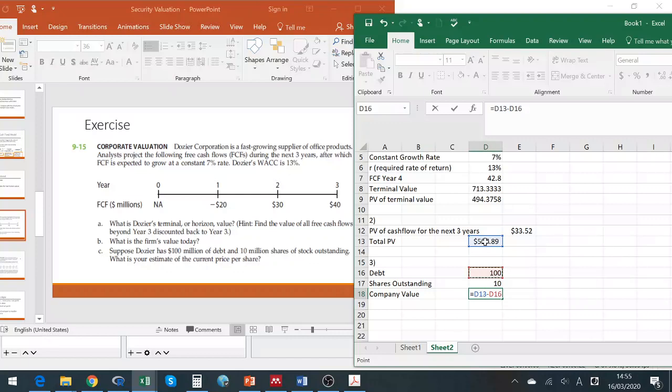So price per share is this company value divided by how many shares you have. It should be 42. So this is how you can estimate the share price from the cash flow.